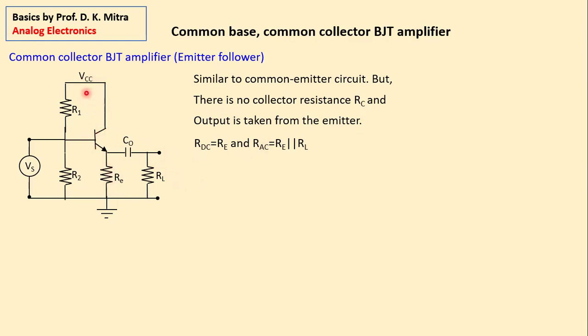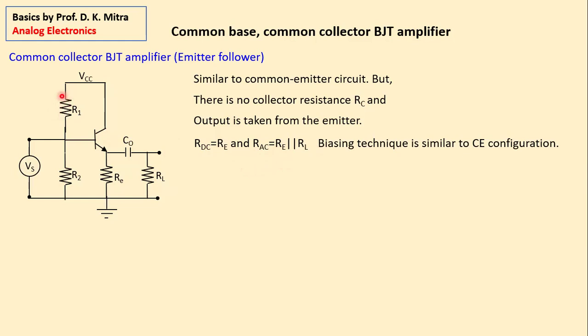And for RAC, AC current flowing from here to here is this one branch and there is another branch. RAC is RE plus RL. In biasing, you remember there was also an RAC and RDC. There was a DC load line, AC load line. So here also similarly there will be AC load line, DC load line, but RDC and RAC values I have shown you.